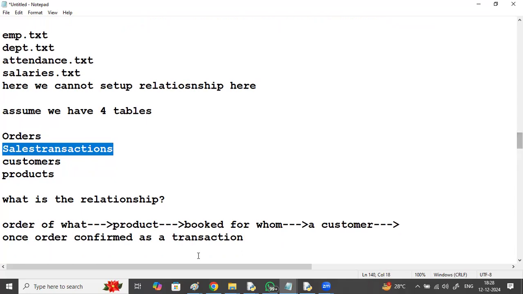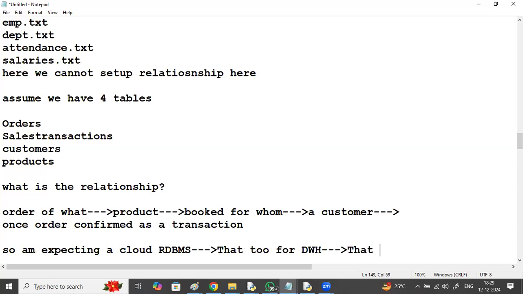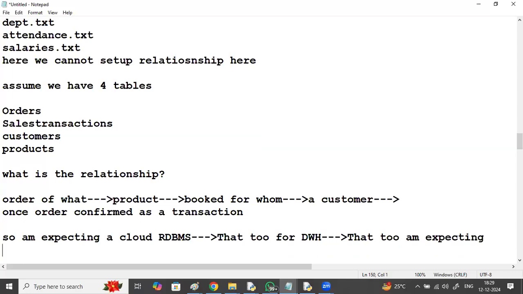So what is my expectation? I'm expecting a cloud DBMS, that too for data warehouse. I'm expecting parallel processing.